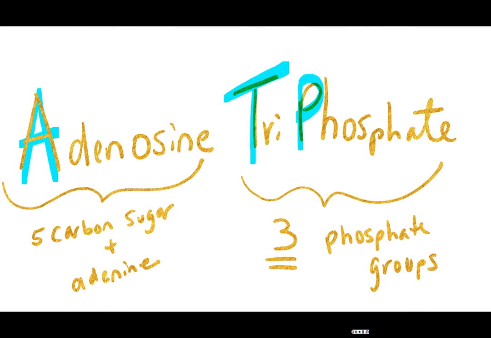Nucleotides, remember, consist of 3 things: a 5-carbon sugar, a nitrogenous base, and a phosphate group. And so we see that here. The term adenosine is referring collectively to the 5-carbon sugar and the adenine, which is the nitrogenous base. And then the triphosphate tells us we don't just have 1 phosphate group here, we have 3.